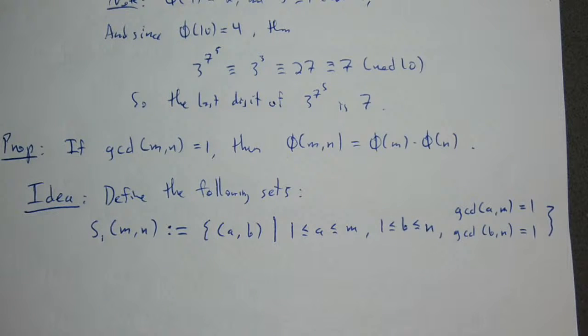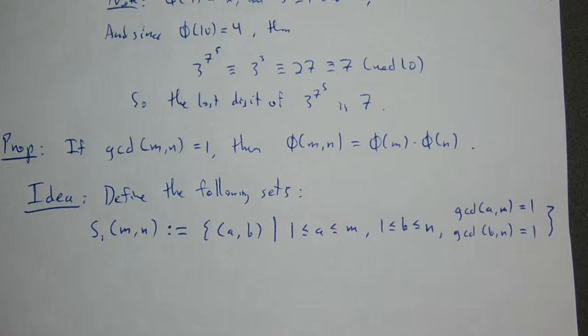So the first slot is entirely determined by its relation to the integer m. The number of possible a's in my ordered pair is the number of integers a between 1 and m that are relatively prime to m. Well, how many of those are there?